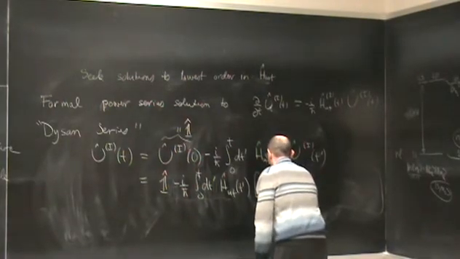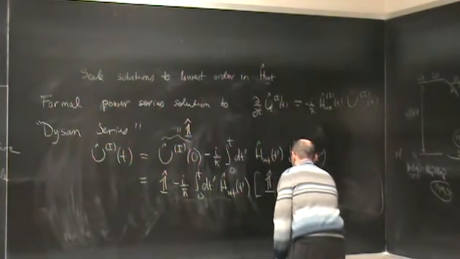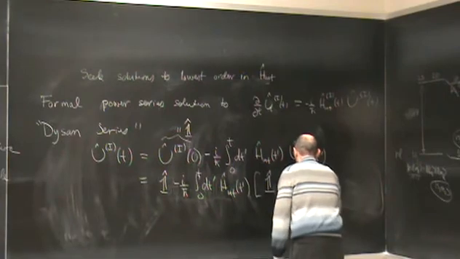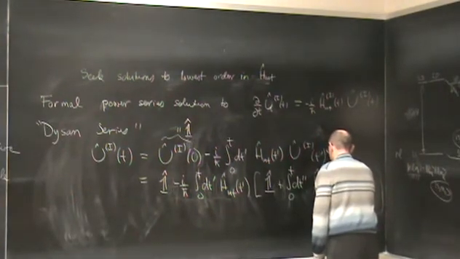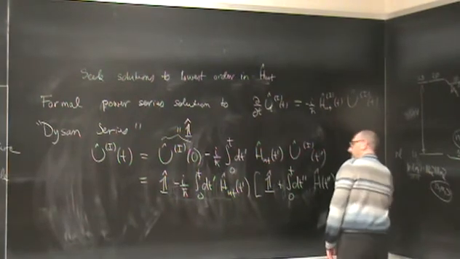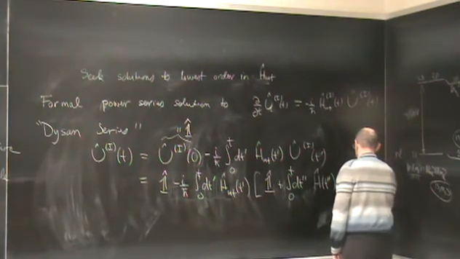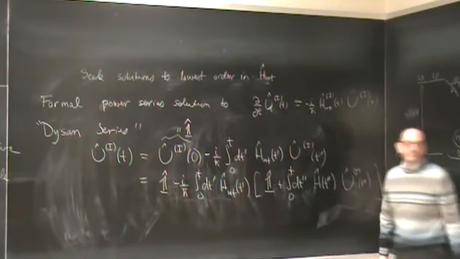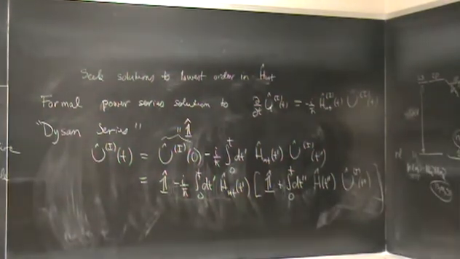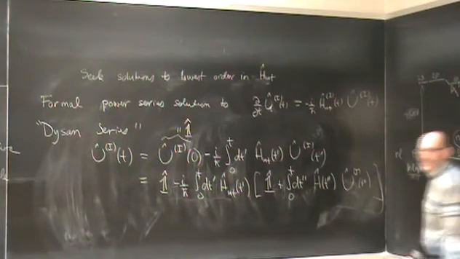Well, that's 1 minus i over h bar integral 0 to t, and now I'll use a new dummy variable, dt double prime. Okay. I just plugged in the solution again as a formal solution. And I can go one more time, and then I'll quit.